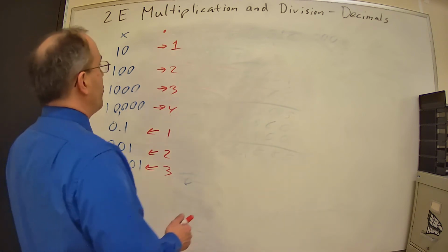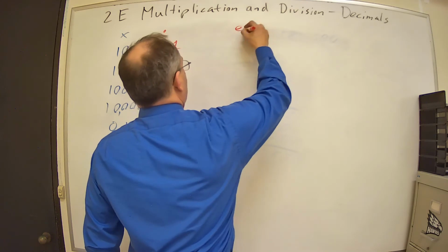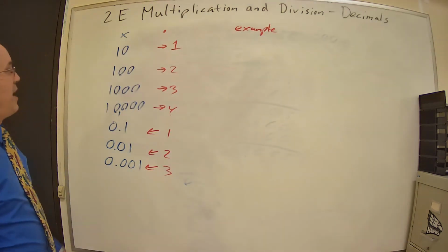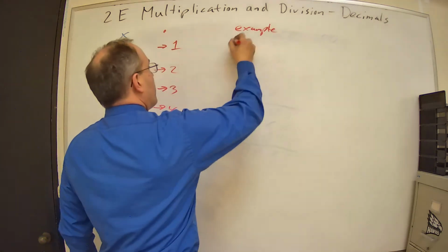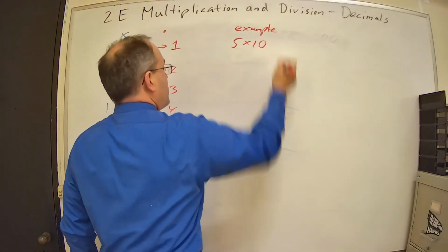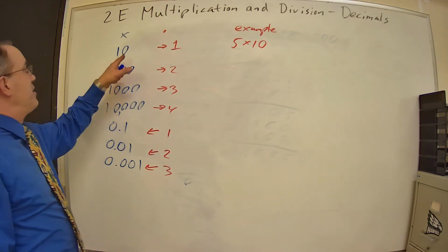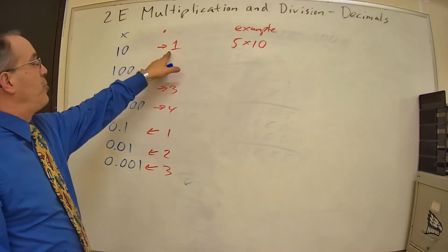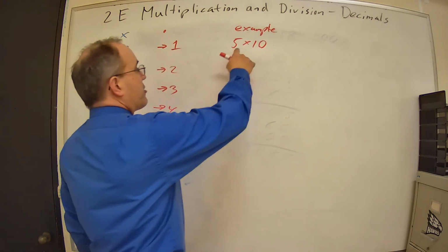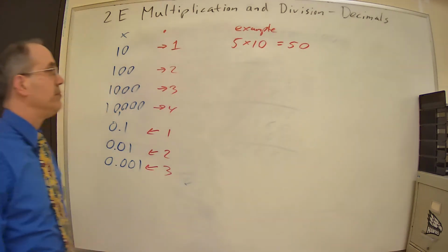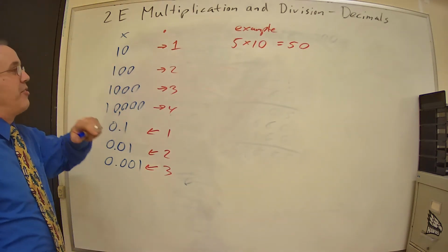So let's show an example for each of these. 5 times 10. Since you're multiplying by 10, move the decimal place one place to the right. So 5 becomes 50. We add that 0 to it. And that's a nice thing too.